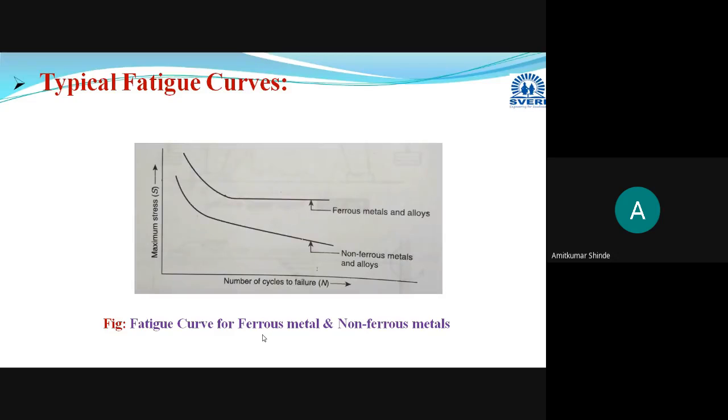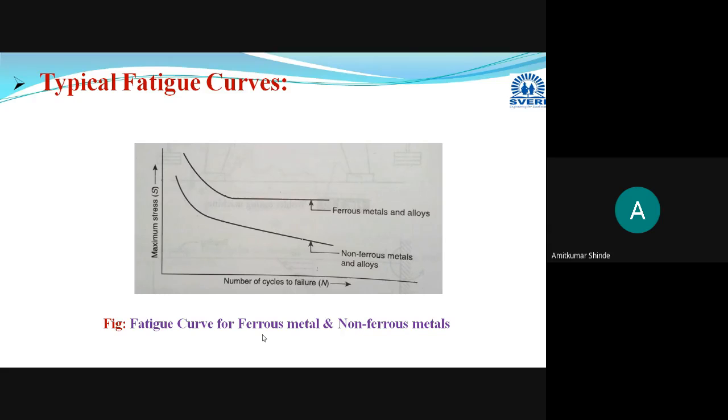I am explaining this for ferrous metals and their alloys: there is a particular stress value where fracture does not occur, even for an infinite number of cycles.